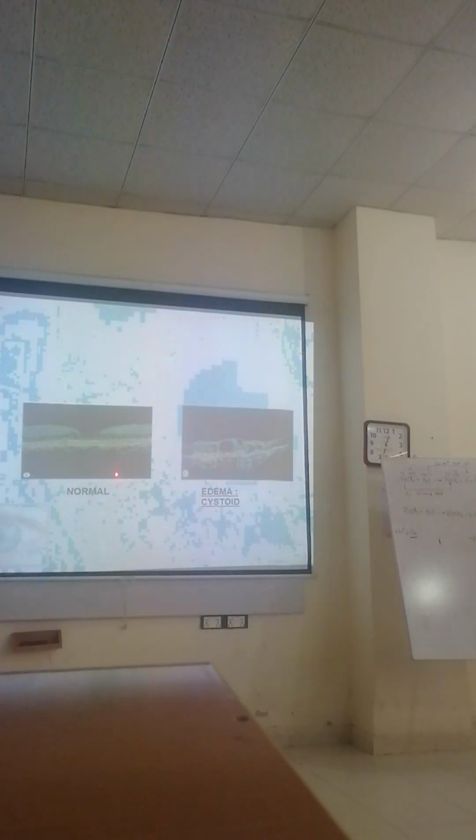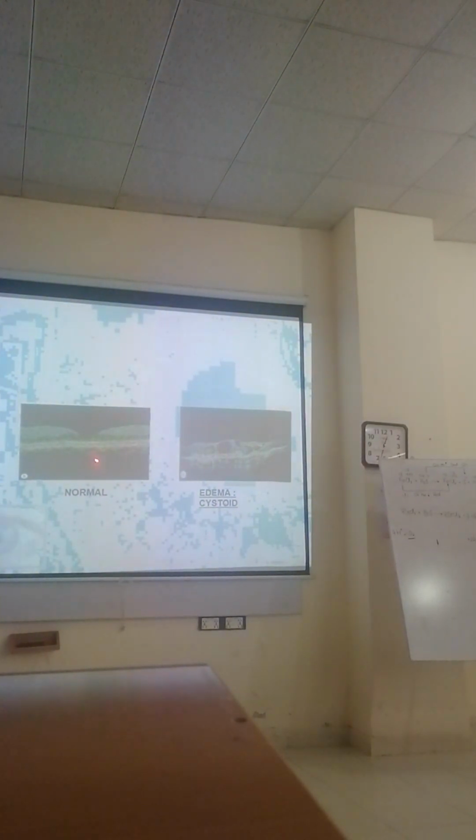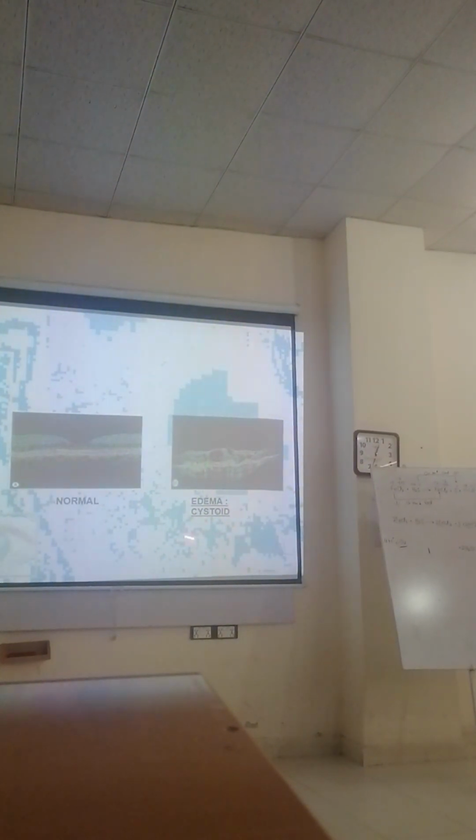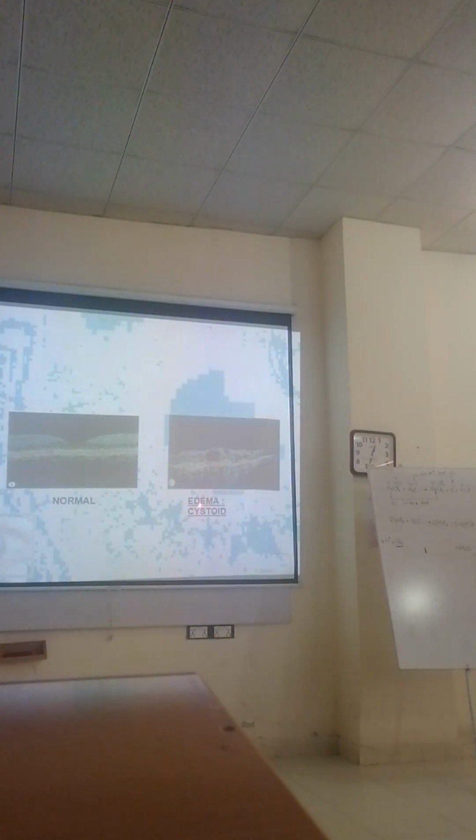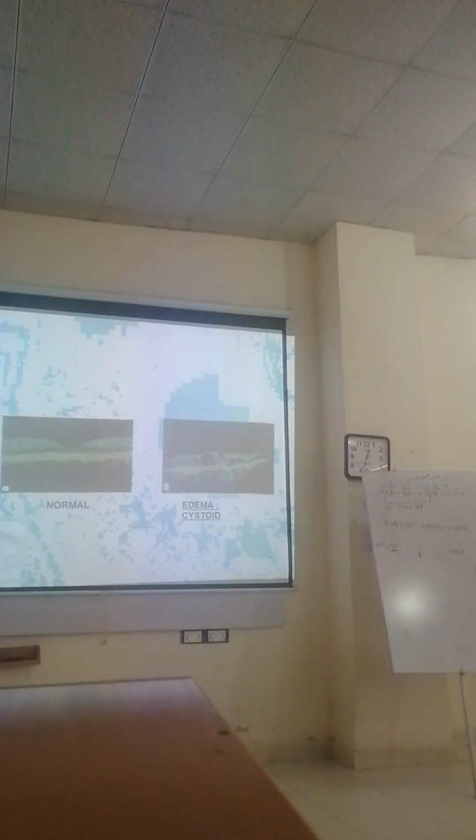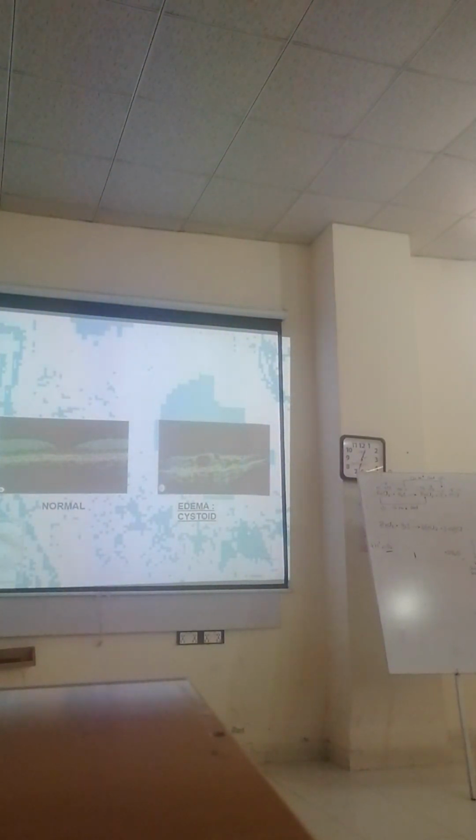This is a normal OCT, and this depression is the macula. Okay, and this is macular edema, and it is forming a cyst, so we call it cystoid macular edema. CME, cystoid macular edema, is very common in diabetic retinopathy.